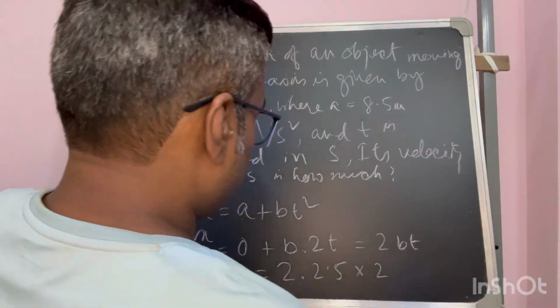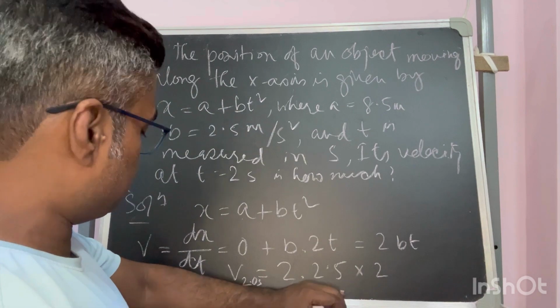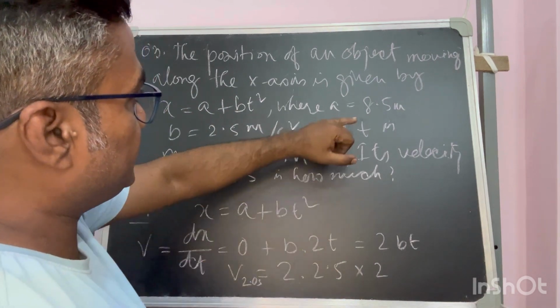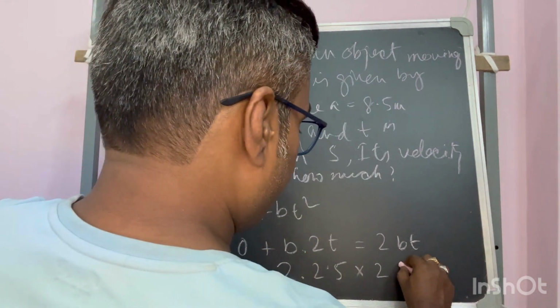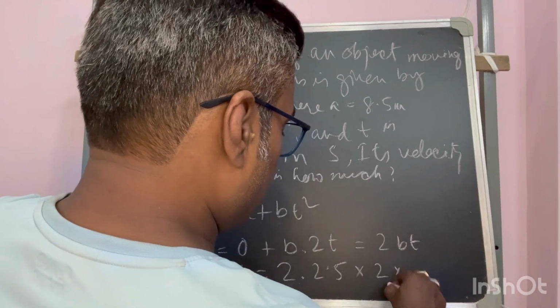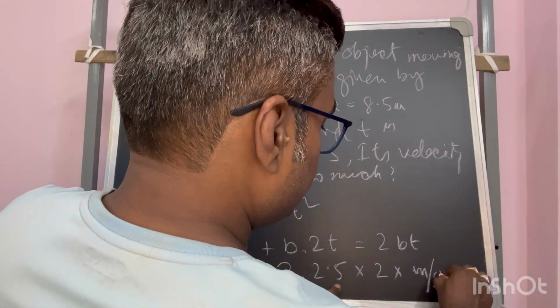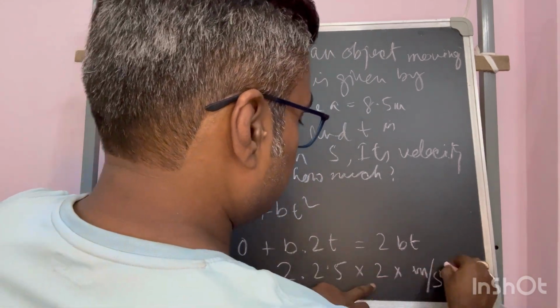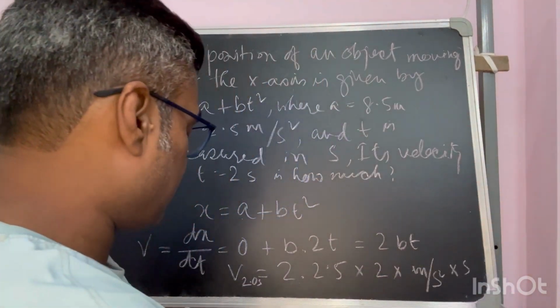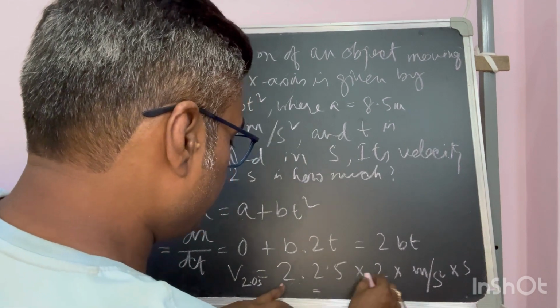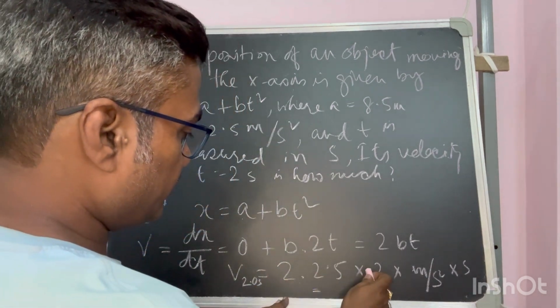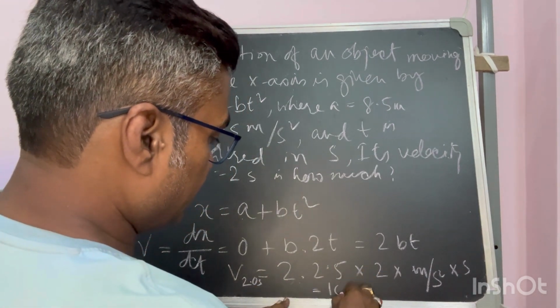Now see how the things can be calculated, because here everything is given with unit. So I keep the unit along with that, 2.5 meter per second square, and for t it is second. So ultimately the numerical value is 4 into 2.5, that means equal to 10.